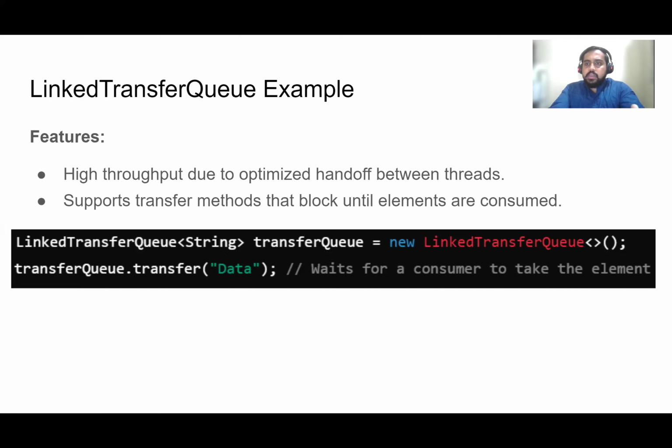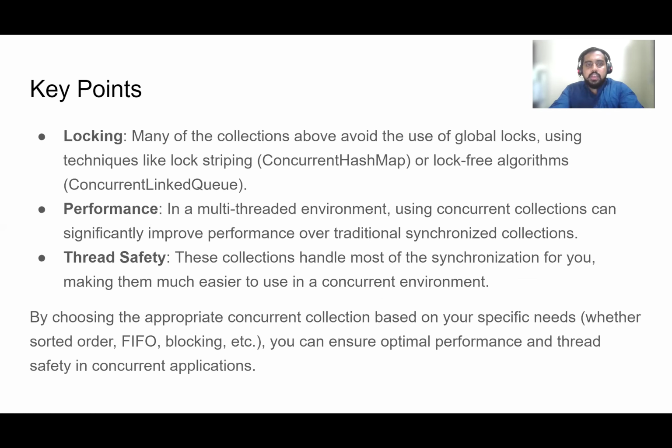It will wait for a consumer thread, and once a consumer thread arrives, it will add and immediately pass the data on to the consumer. Likewise, if the consumer thread is available at the beginning, it will wait for a producer thread to give the data. So for this type of sensitive data, we can use this concurrent collection class, the LinkedTransferQueue. So this is all about a brief overview of concurrent collections.